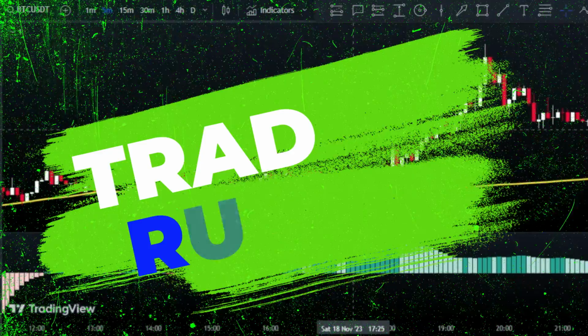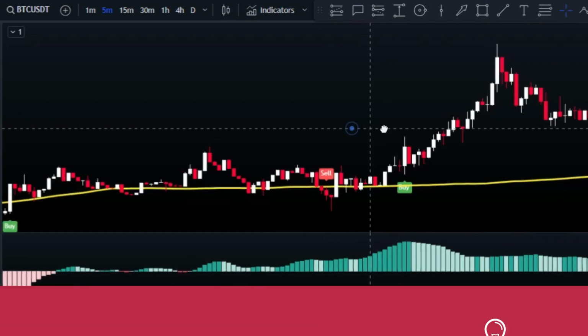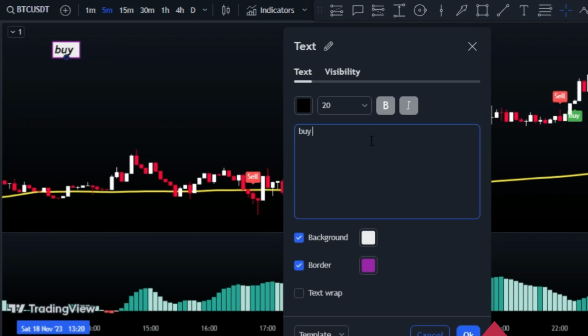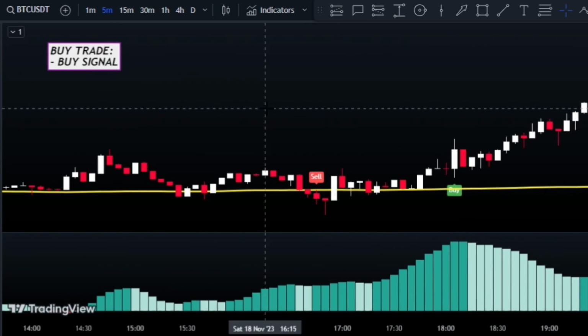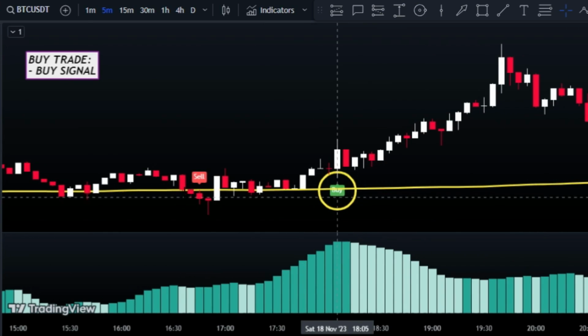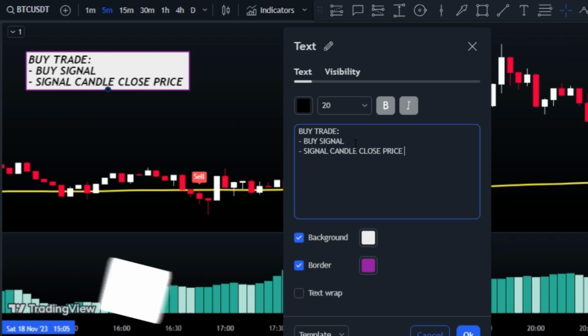Now let's get down to the brass tacks of trading. To jump into a buy trade, you first need a buy signal on your chart. Next, make sure the closing price of the signal candle is above the yellow line of the moving average.